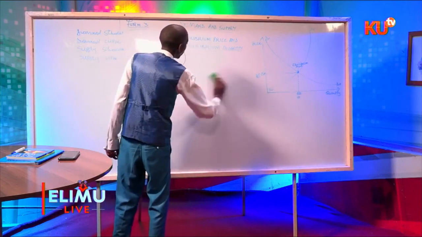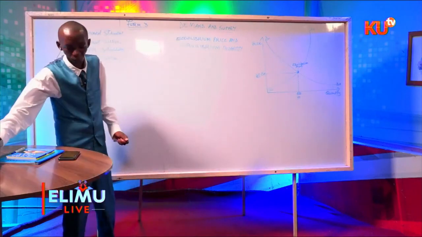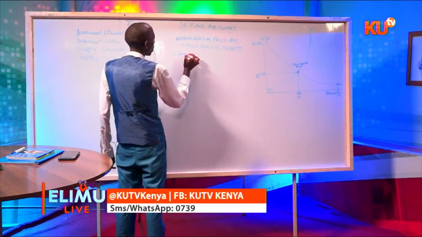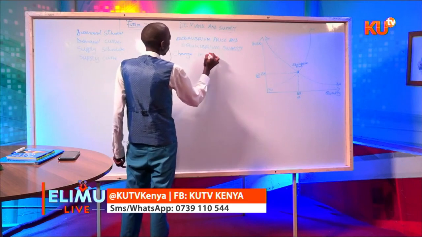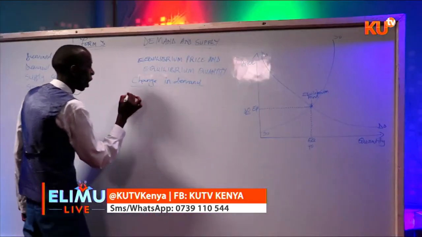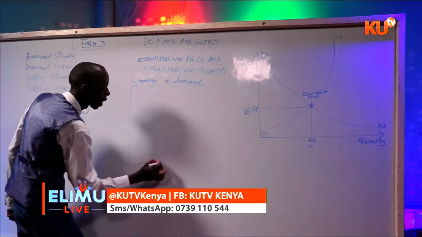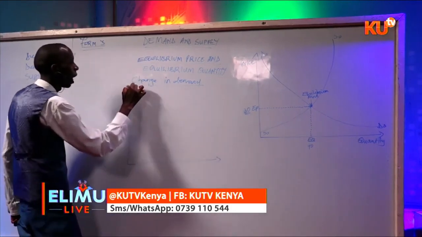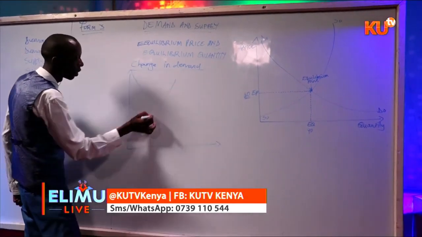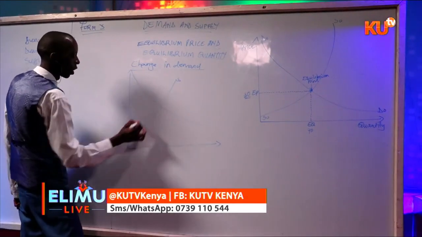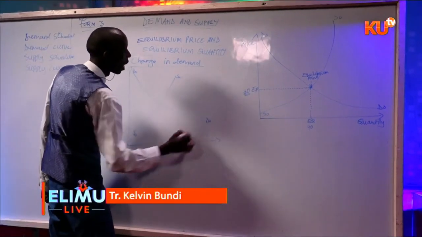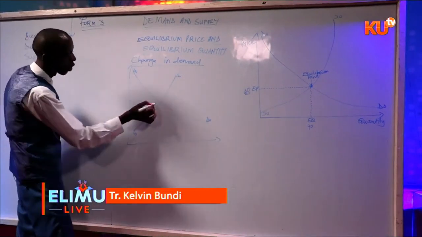Change in demand curve. We have our two curves here, the demand curve and the supply curve, denoted as D0 for the demand curve, and S0 for the supply curve.